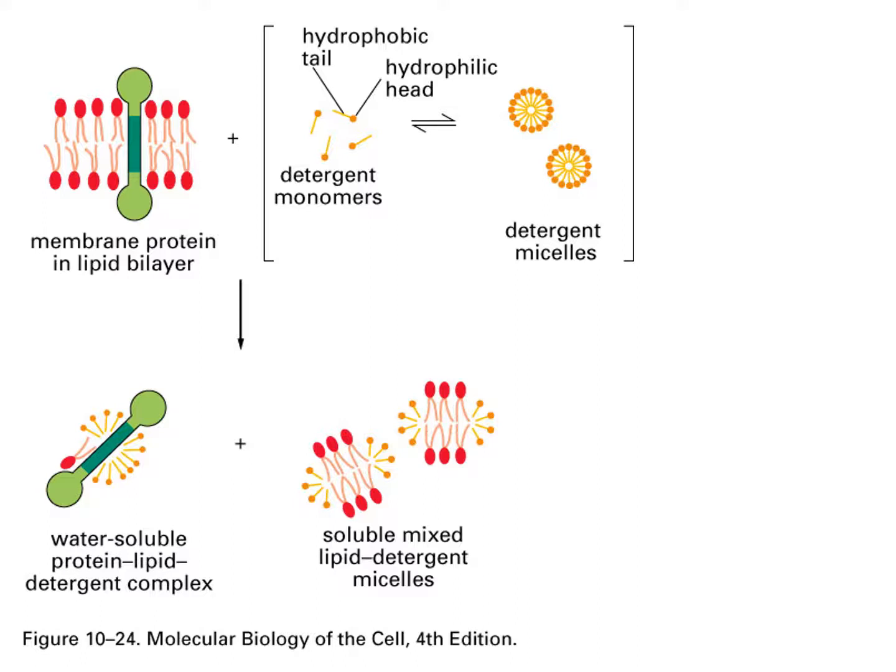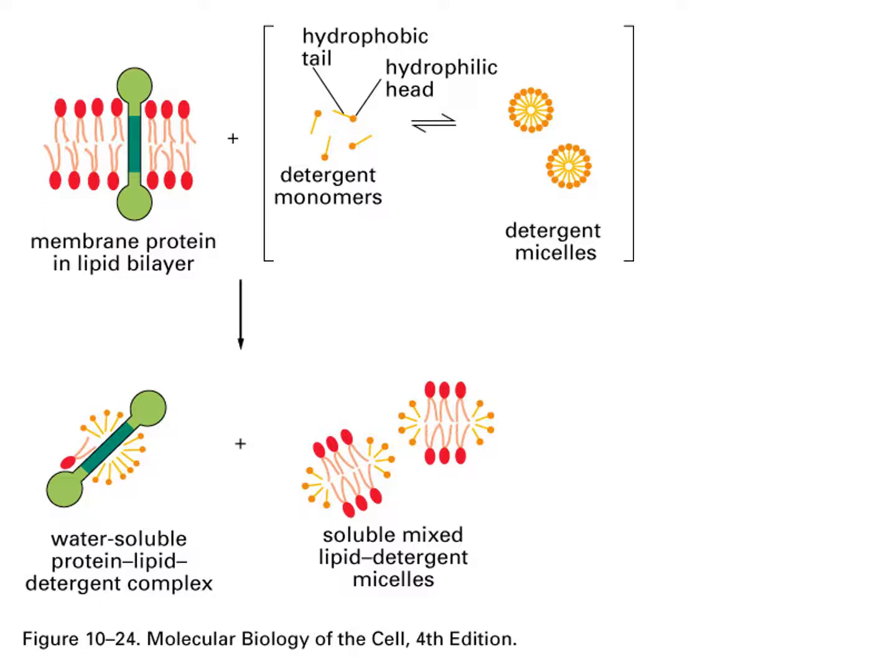So this is the protein in the lipid, and when you add detergent, you get the lipids by themselves and the protein by itself. So it's a way to separate out a protein from its lipids based on having a detergent.